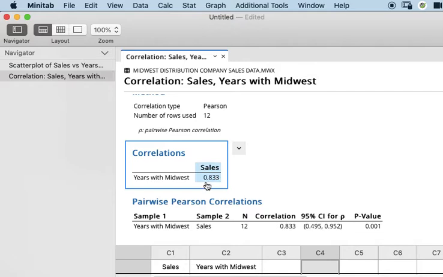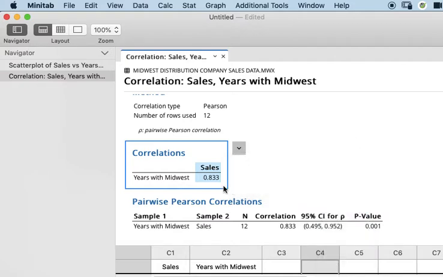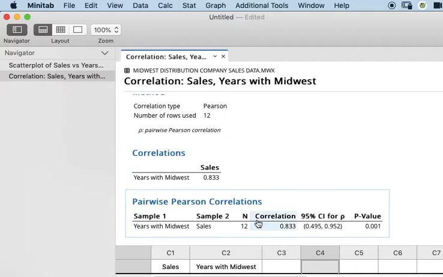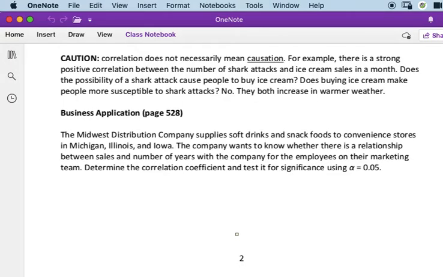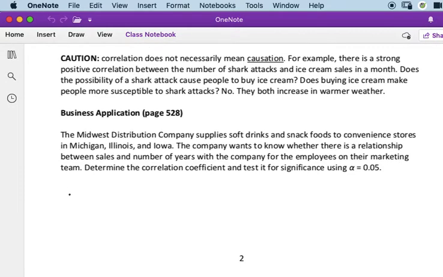Remember, if I need more decimal places, I just click on that, click on the drop-down arrow, and then I can add more decimal places if I need to. So my correlation is 0.833, which is pretty high. It's not too far away from 1, closer to 1 than 0, so that's good. So I'm going to write that down. Oftentimes you will need to put that into the homework problems in my lab. So 0.833.